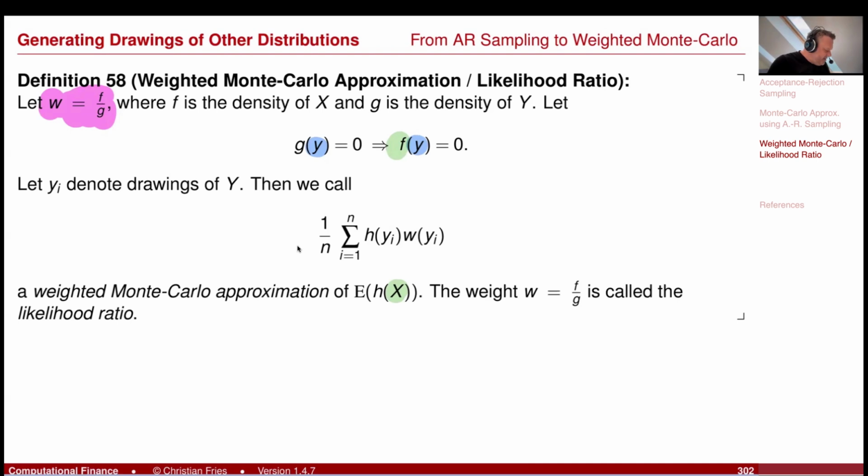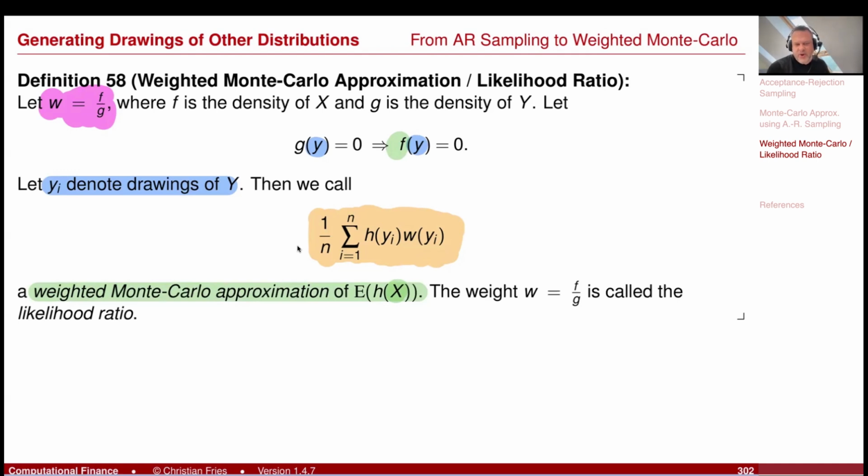Okay, so let the condition hold that g of y equals 0 implies f of y equals 0. And then we call this expression 1 divided by n, sum h of y_i w of y_i, where the y_i's are now drawings of the random variable y, the weighted Monte Carlo approximation of the expectation of h of x.